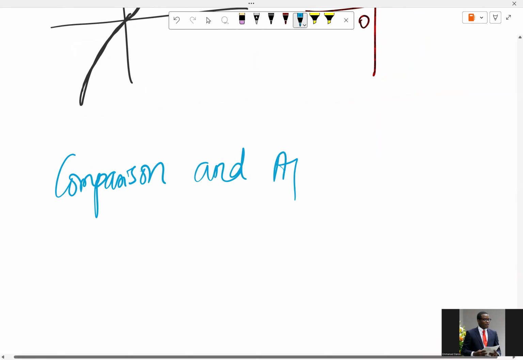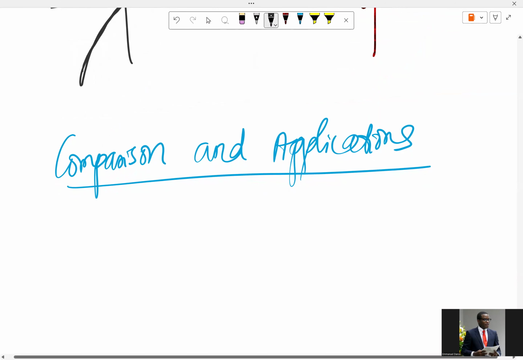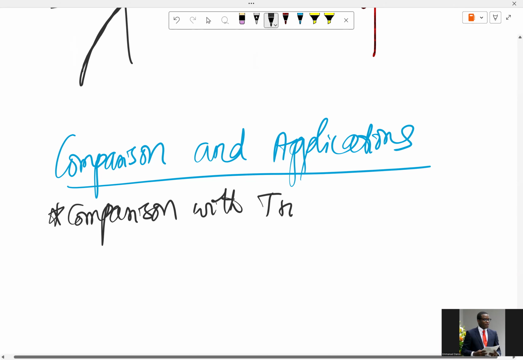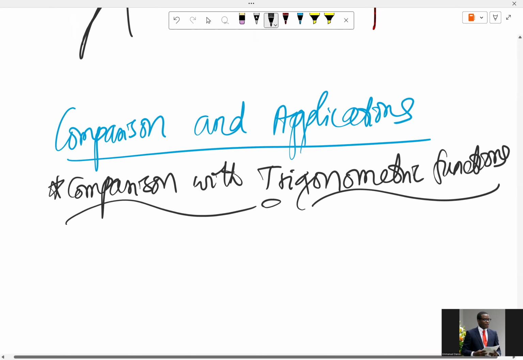First of all, what are the similarities? What similarities are there between hyperbolic and trigonometric functions?